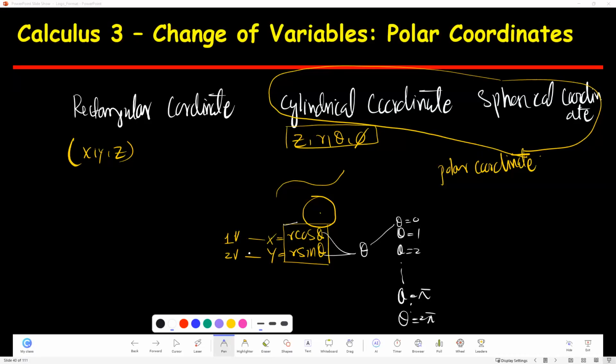So long story short, a curve equation can be solved much more easily by using polar coordinates.